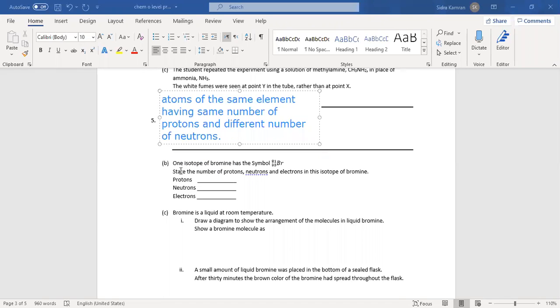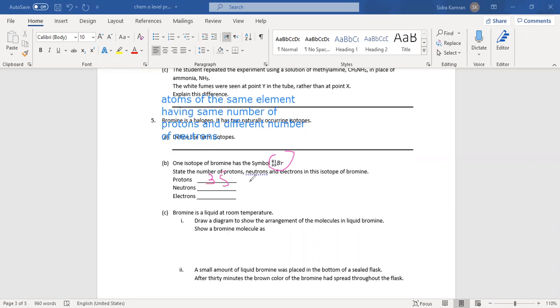Part B is, one isotope of bromine has the symbol Br 35, 81. 35 is the atomic number and 81 is the atomic mass. State the number of protons, neutrons and electrons in this isotope of bromine. As you know, atomic number is the number of protons, so you write 35.